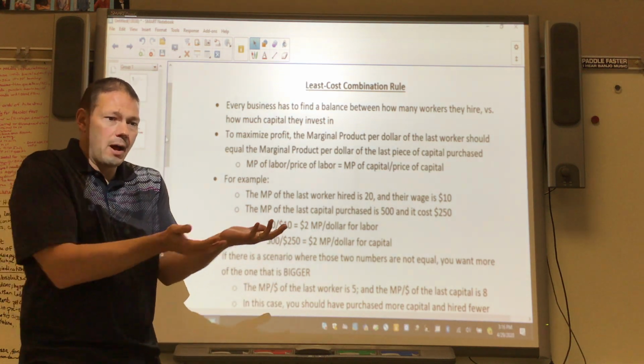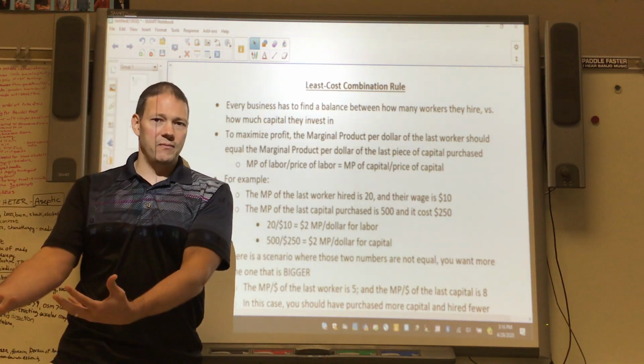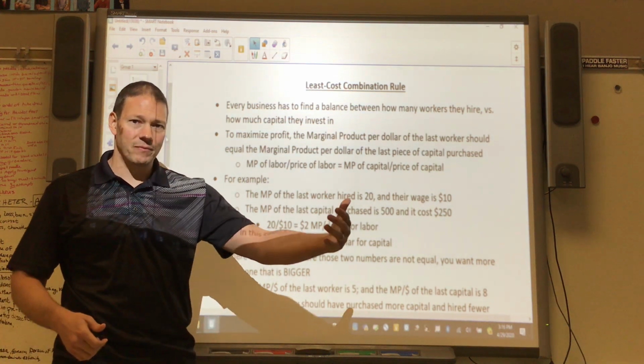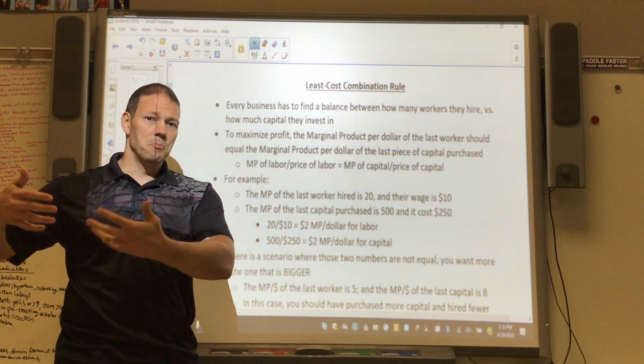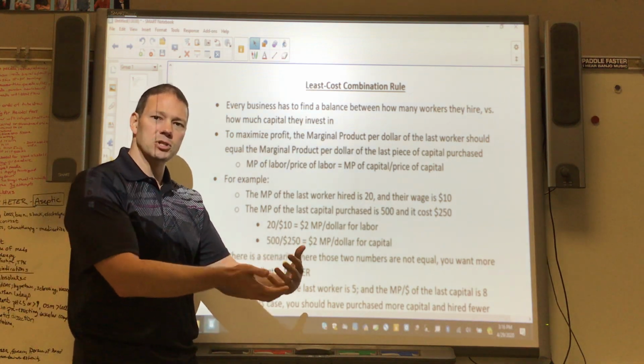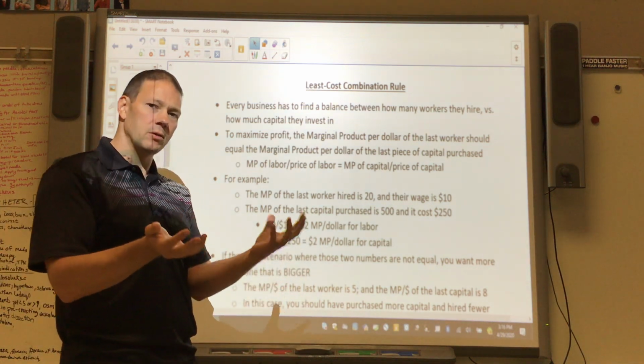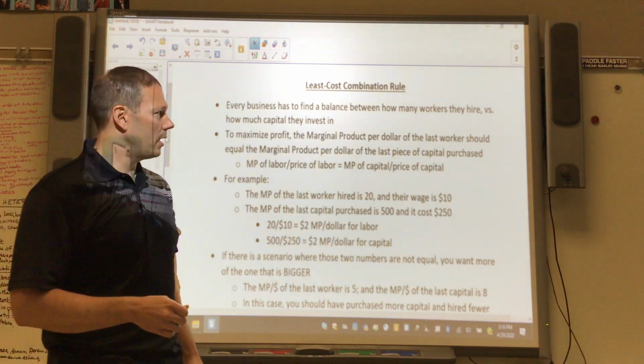So do I hire a lot of workers and then invest in a small amount of capital and have them do things by hand? Or do I invest in a lot of capital, big machinery or equipment, and then hire just a few workers to run it? There's a balance there that every business has to decide on.